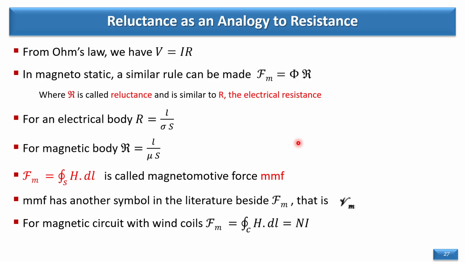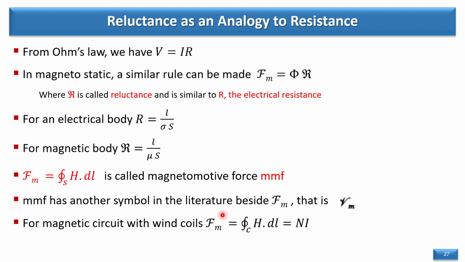This R is called magnetic reluctance. Electrically R equals length divided by sigma S; the reluctance equals L divided by mu S. So mu, the permeability, is something similar to the conductivity of the conductor.